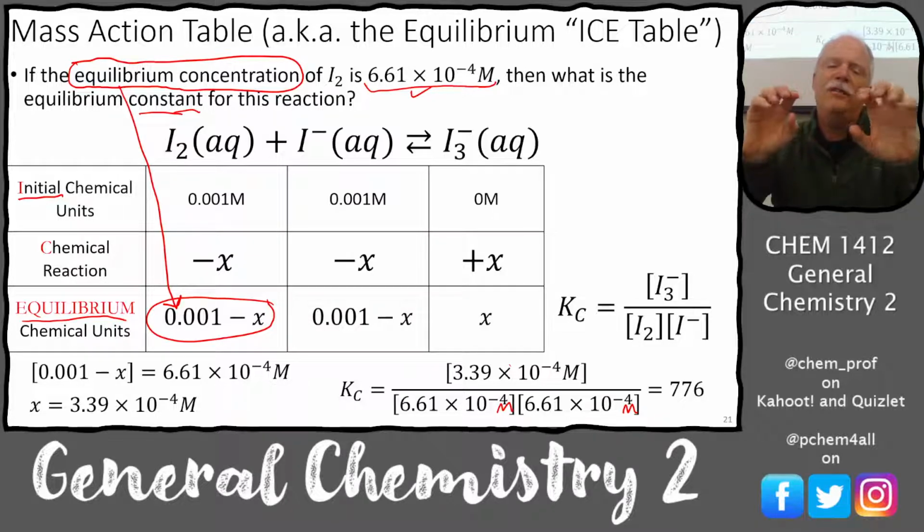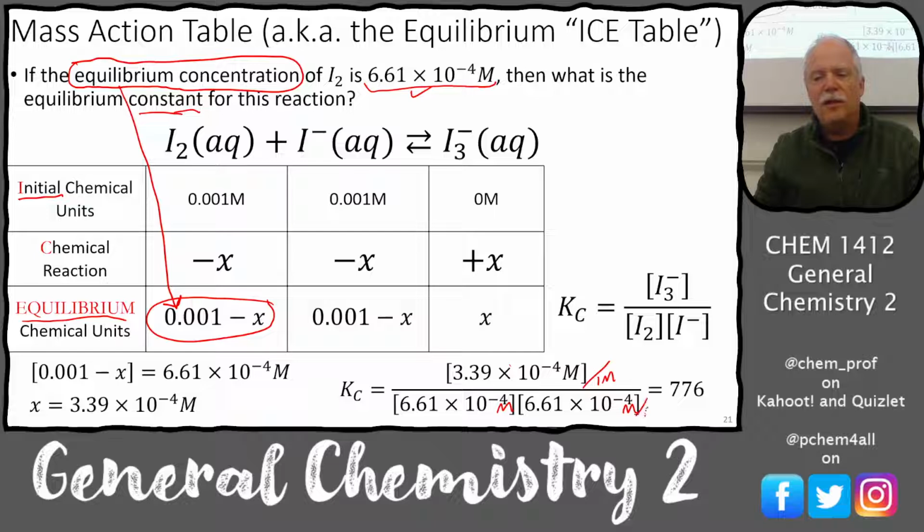We're not showing all of this because it would just make it unnecessarily complicated. But we're really dividing all of these by a standard state of 1 molar. So every one of these is divided by a standard state of 1 molar concentration. So when we put them in the equilibrium constant expression, all the units disappear.